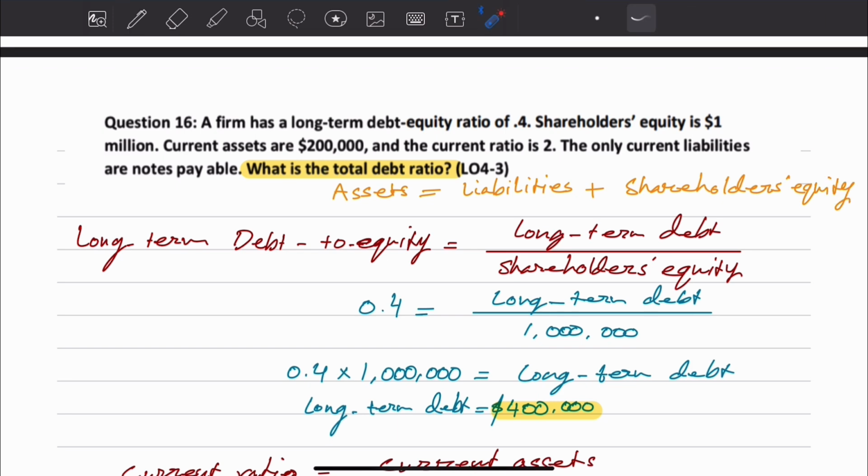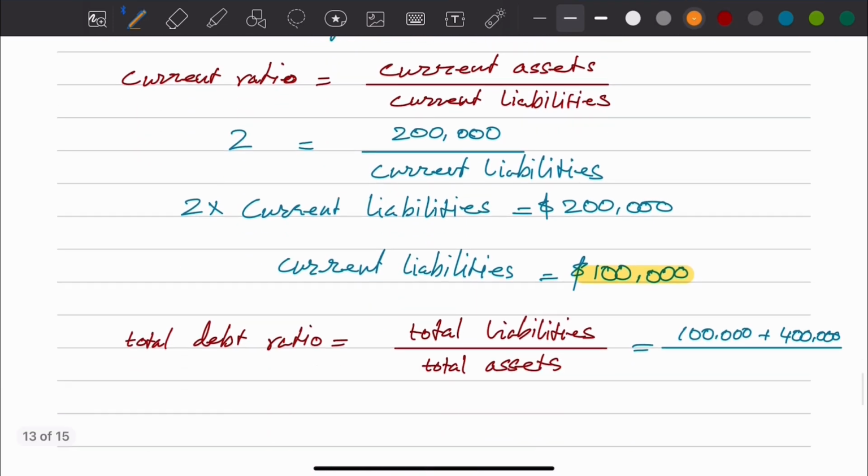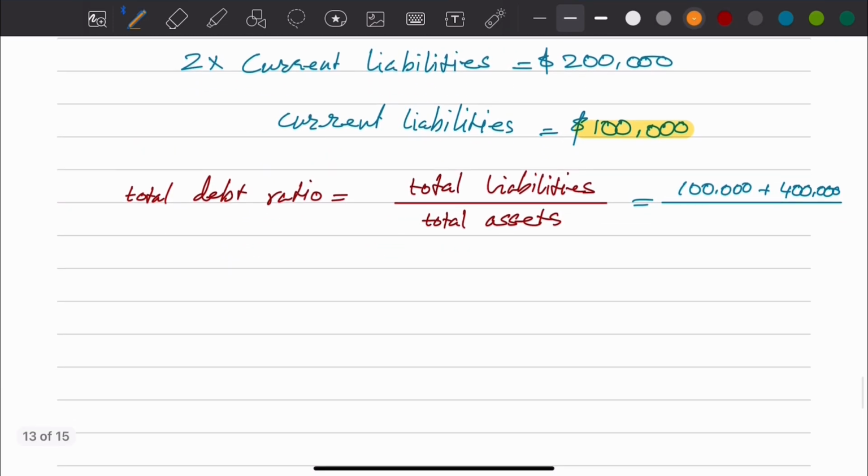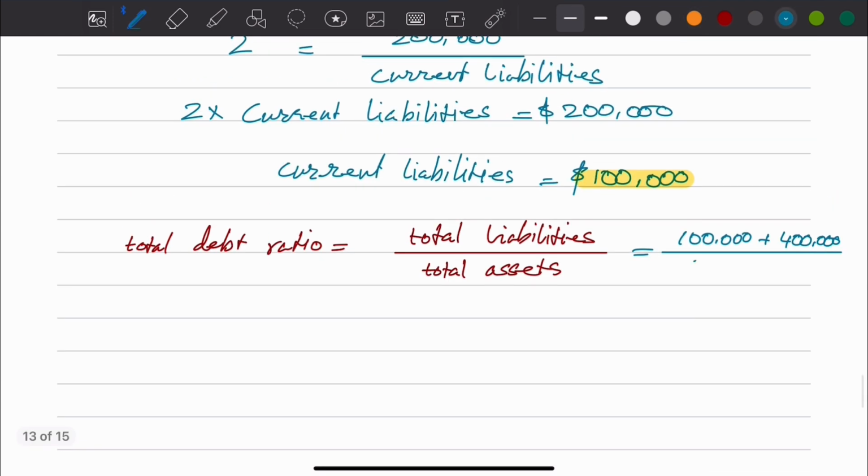And because we already know the company's total liabilities and the shareholders' equity was given to us in the question right here, now we can know that the denominator of our formula is going to be 500,000, which is the total liabilities, same as what we have at the top here, plus 1,500,000.